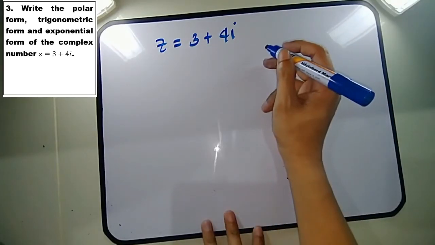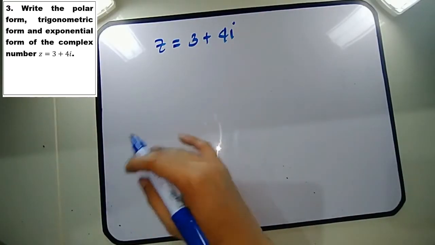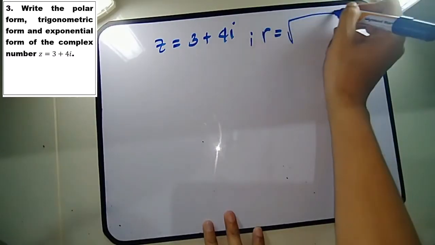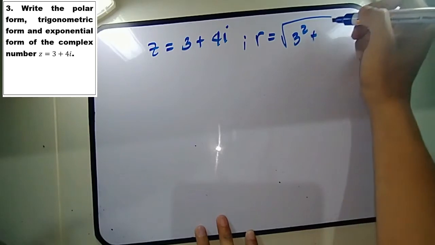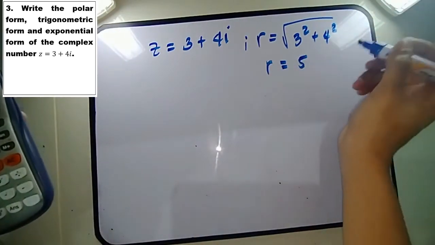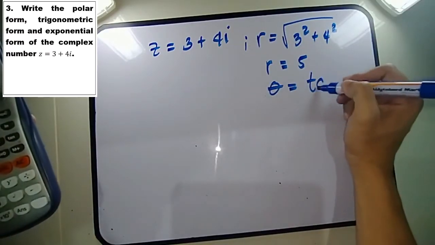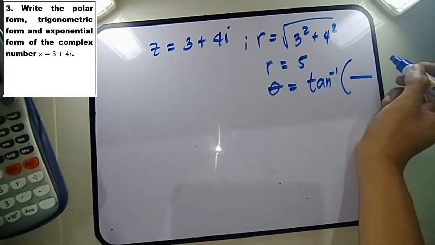For polar form, we just find our radius or modulus. So r equals the square root of 3 squared plus 4 squared, which is just equal to 5. The angle theta is arctan of opposite over adjacent.